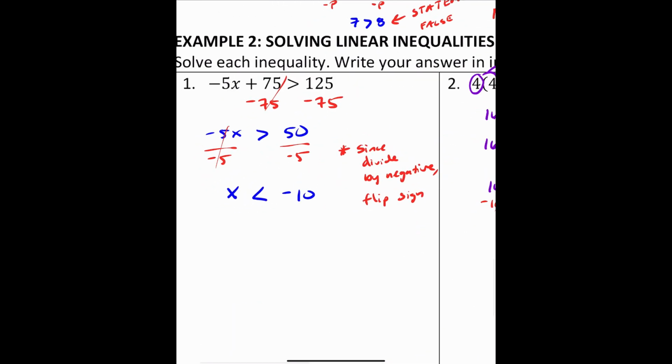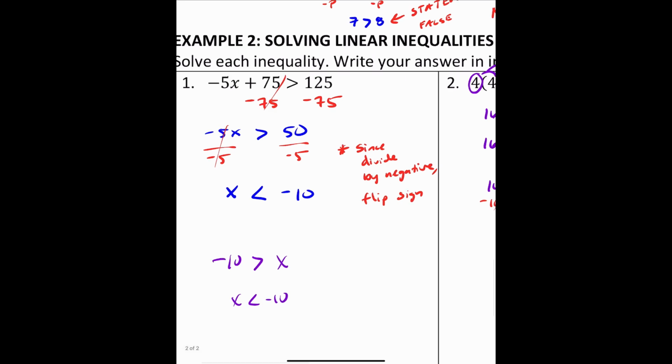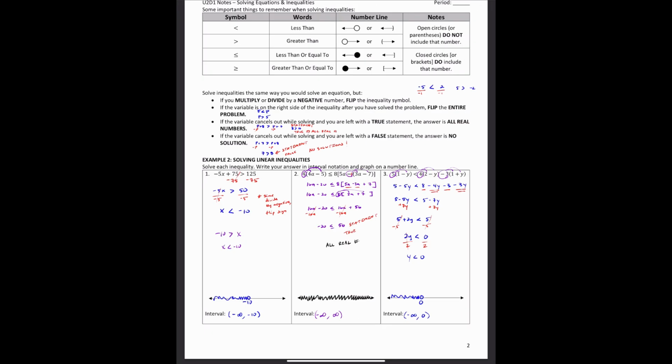We don't want negative 10 is greater than x to be our final answer. We want to make sure that the x is first, then the inequality, then the number right after that. Okay? All right, so that should be it for today's notes.